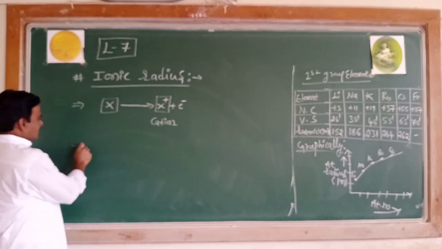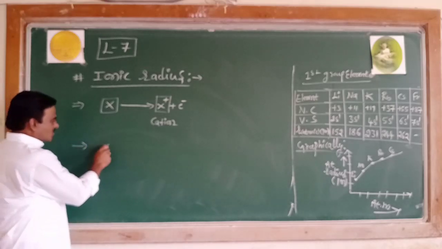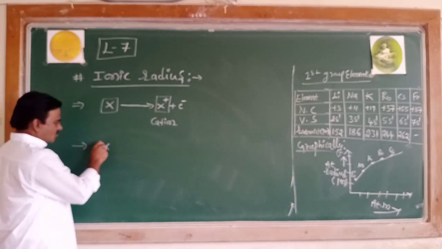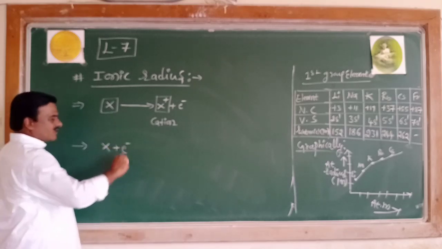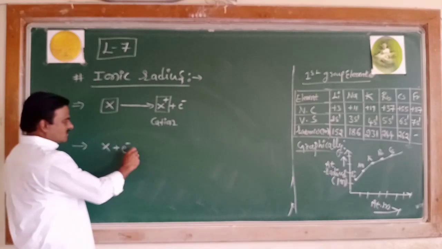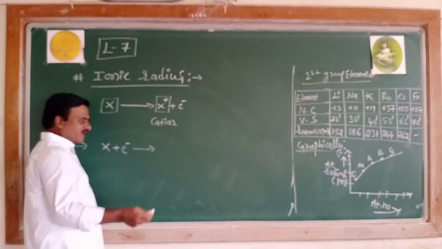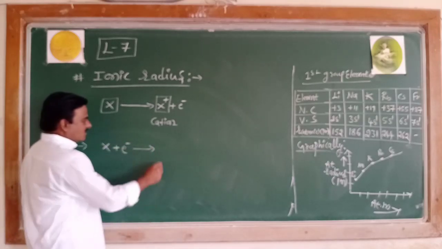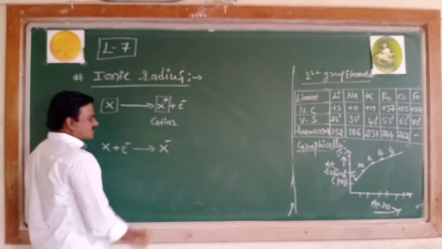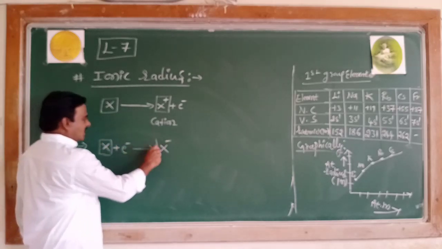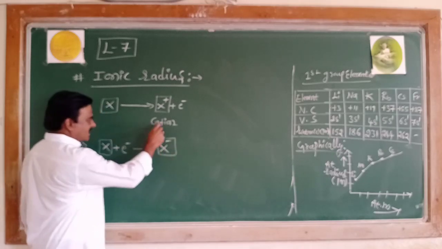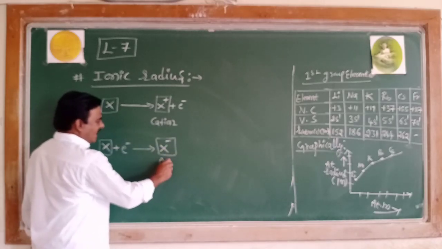And the second part: if the neutral atom X gains one electron, one or more electrons depending on its nature, it gives X minus. Here X is a neutral atom, while X minus is an anion.